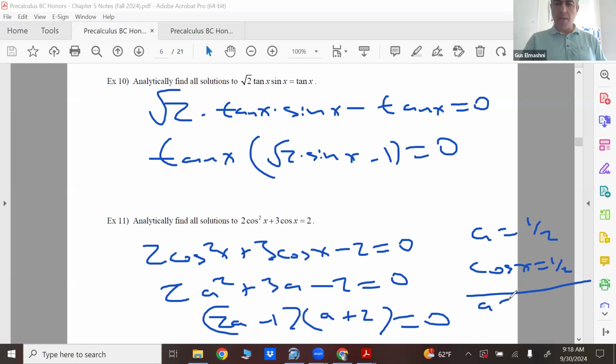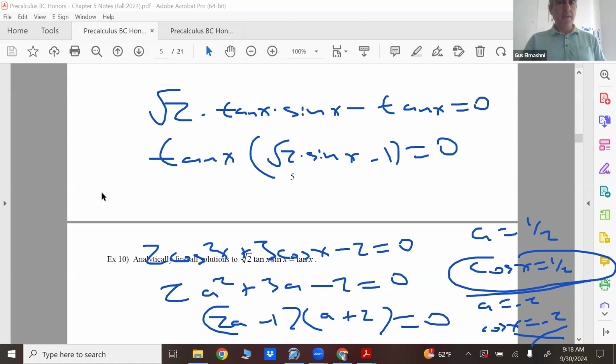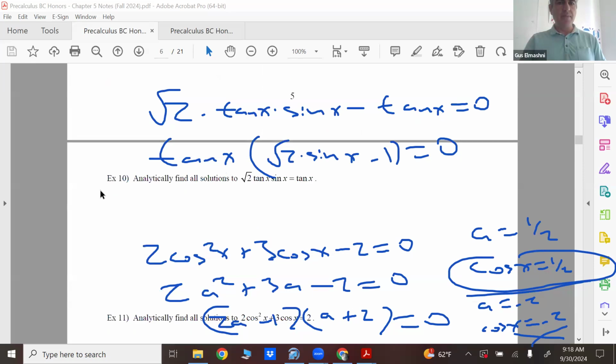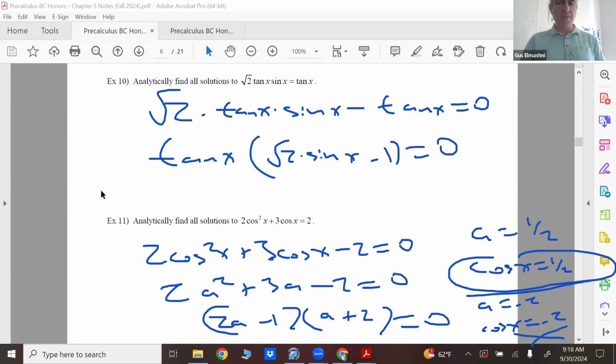Or a equals -2. Can that happen? Cosine equal to -2? No, that can't happen. And then you can solve for the rest after that. And I think there's still going to be the restricted domain. Well, it says find all solutions, so actually you should do a general solution in that case, but that's okay. I know you guys can handle that. So anyway, I'll stop there. You guys should be able to handle your homework.